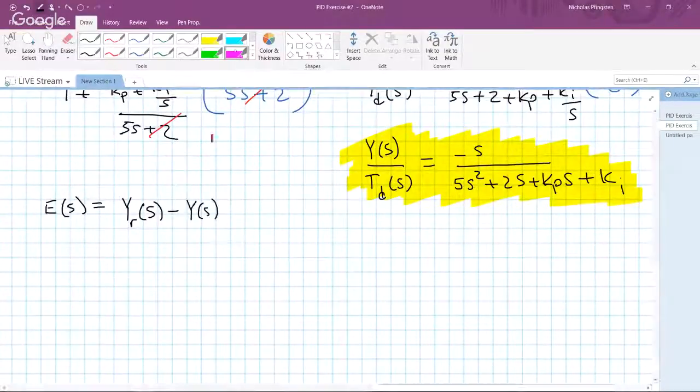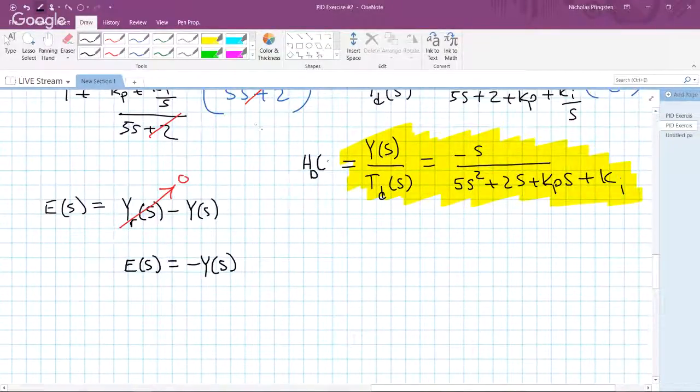We know that the input to the system is 0, since we're only considering the disturbance. So we're treating the disturbance like an input. That's 0. And now we're going to have E of s equal -Y of s. Now we need our transfer function in the error function to make this work.